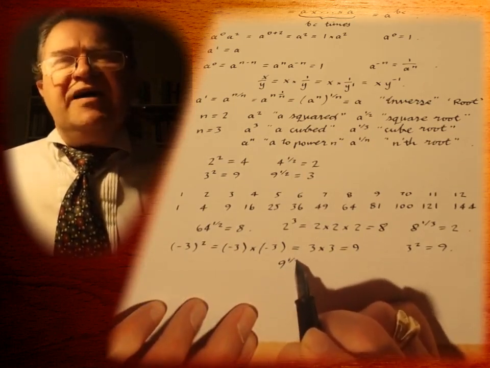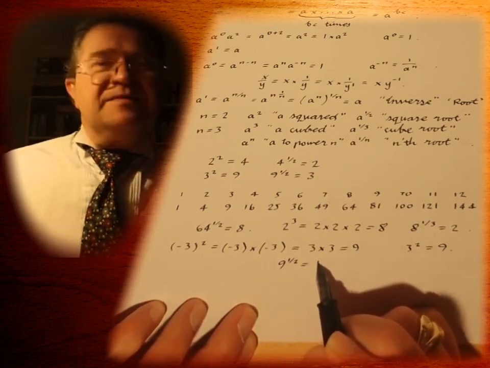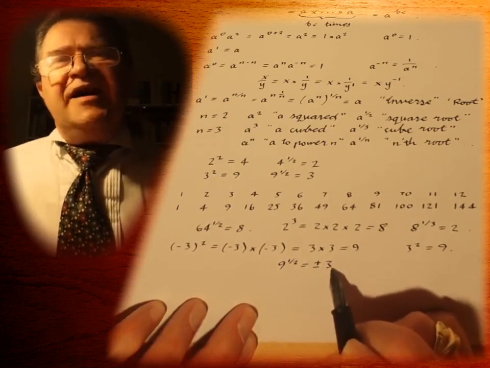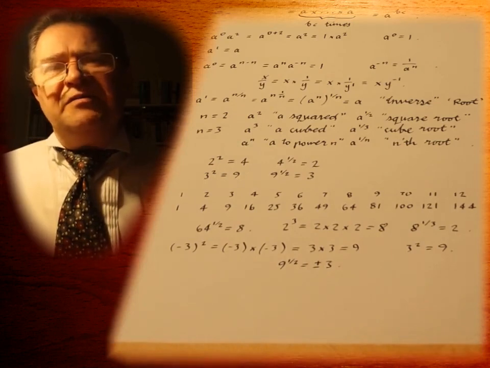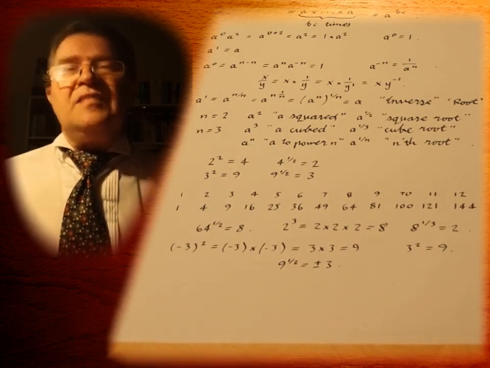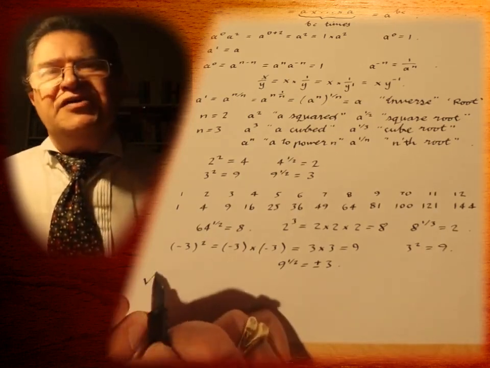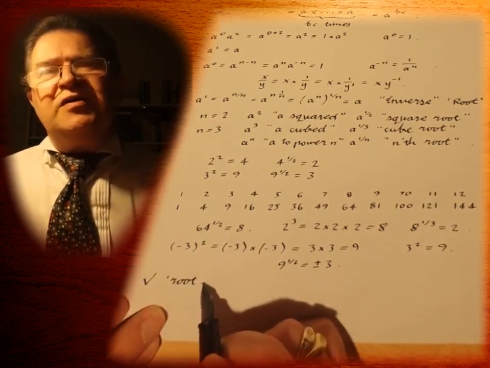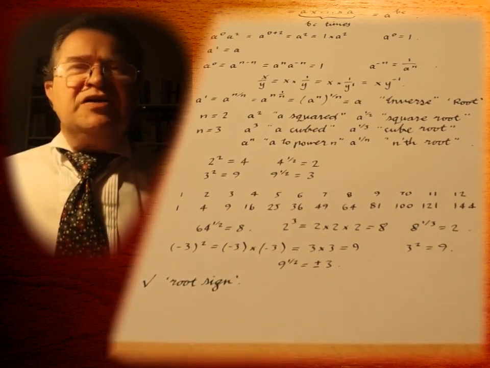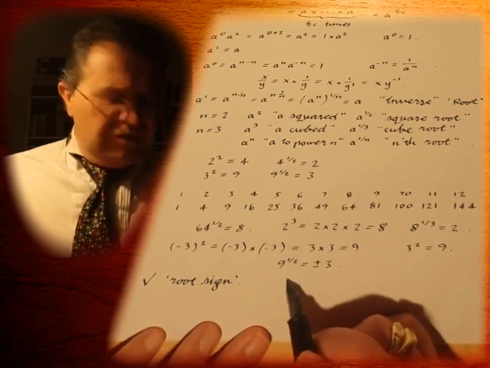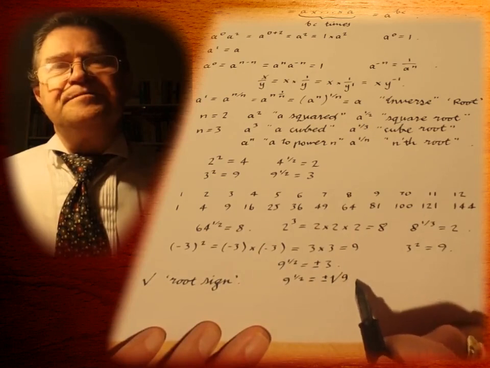We symbolically write this down like this, and say that 9 to the half equals plus or minus 3. Note that it's very common to use this sign to denote the positive root of a number. Thus we could have written 9 to the half equals plus or minus root 9 equals plus or minus 3.